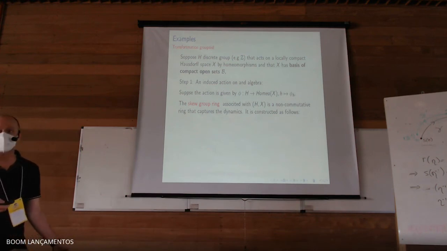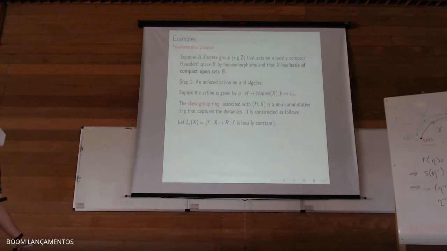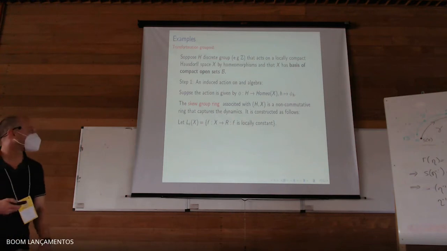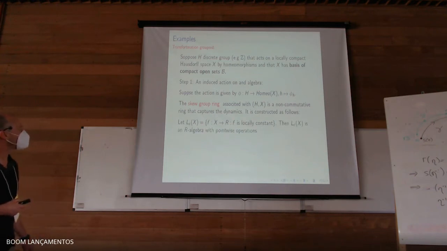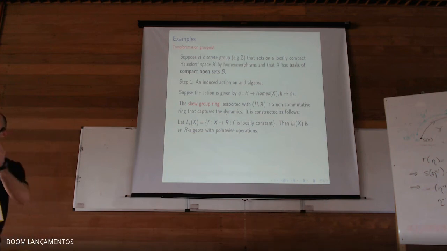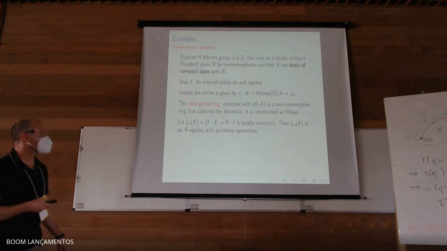One way to construct it, or to view it, is to consider all locally constant functions on the space X. And we would like them to have compact support as well. I don't think I put it in there. So then this becomes an R algebra with pointwise operations, pointwise addition, pointwise multiplication. So we get this algebra.